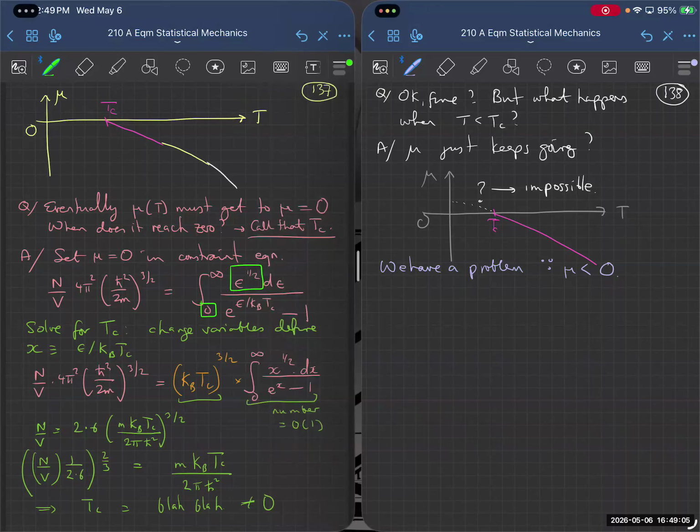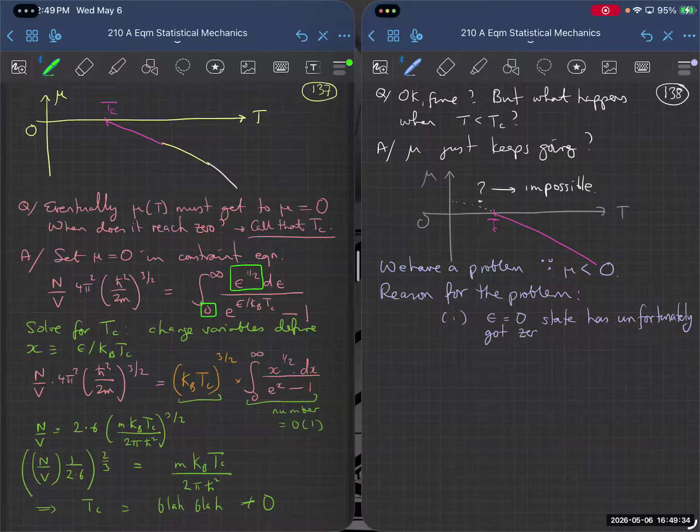So the reason for the problem is, part 1, that the epsilon equals 0 state has unfortunately got 0 weight in the integral.